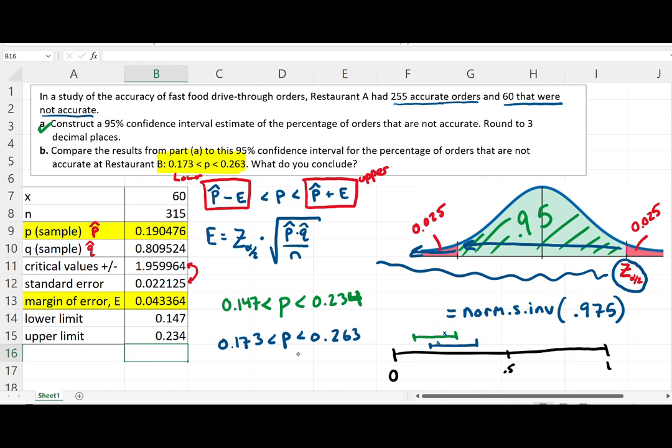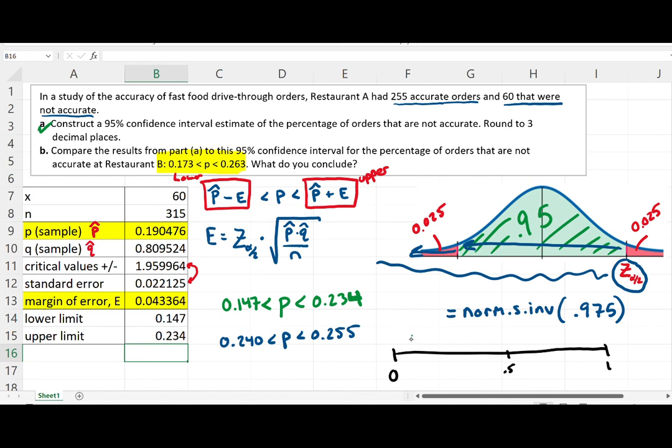If, for example, restaurant B's interval started above 0.234, where the green one ended, so let's say I'm just going to change the numbers for example. If restaurant B started at 0.240 to 0.255, well, then we would say, yes, there is a significant difference. Because then we get this different scenario.